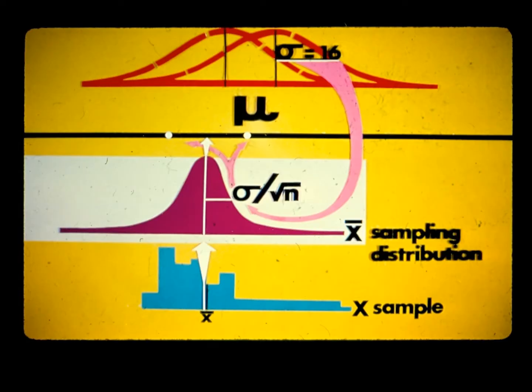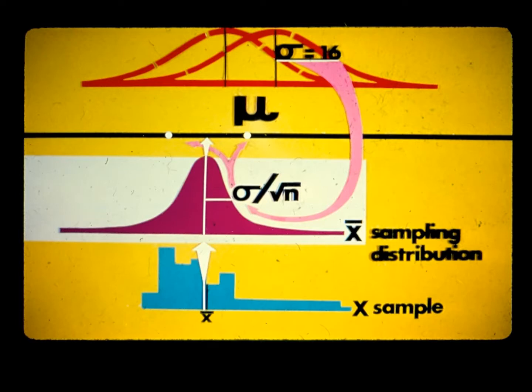When we previously dealt with this question, we computed a confidence interval, as indicated by the two white dots on the black line located underneath the distribution of the population. We calculated this interval by starting with the sample mean X bar as shown at the bottom. We also took into account the variability of X bar, which required us to consider the hypothetical sampling distribution of X bar, as indicated by the purple curve shown in the middle.